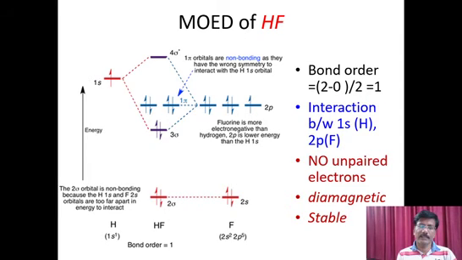Here the 1s of hydrogen interacts with only one atomic orbital of fluorine. What is that? That is 2p. Look at the electron configuration of fluorine: 1s2, 2s2, 2p5. 2p5 means that in the 2p level, the last orbital has one electron.